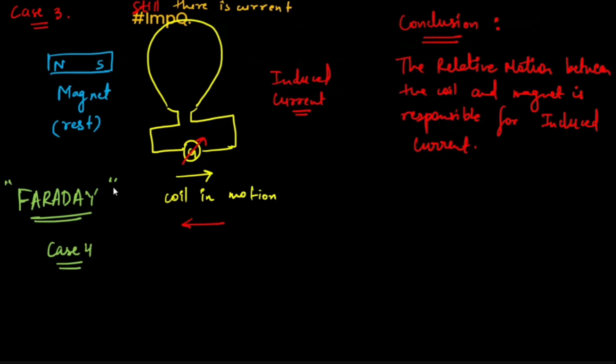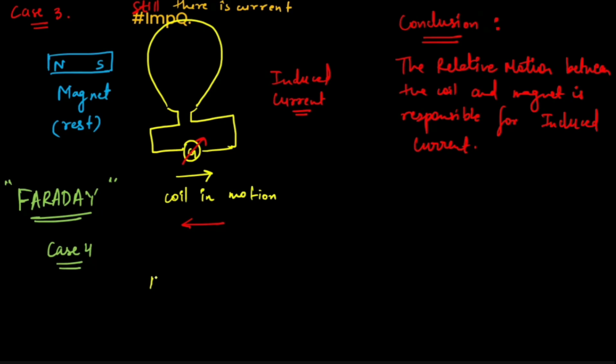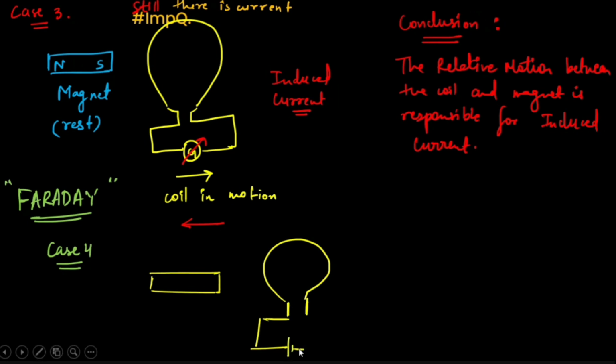So, in the fourth case, what he did is he somehow tried to make both the magnet as well as the coil at rest. So, he keeps a magnet in this place and he keeps a coil here also, this way. In this coil, he attached a battery this time, and through that battery, he connected a switch.